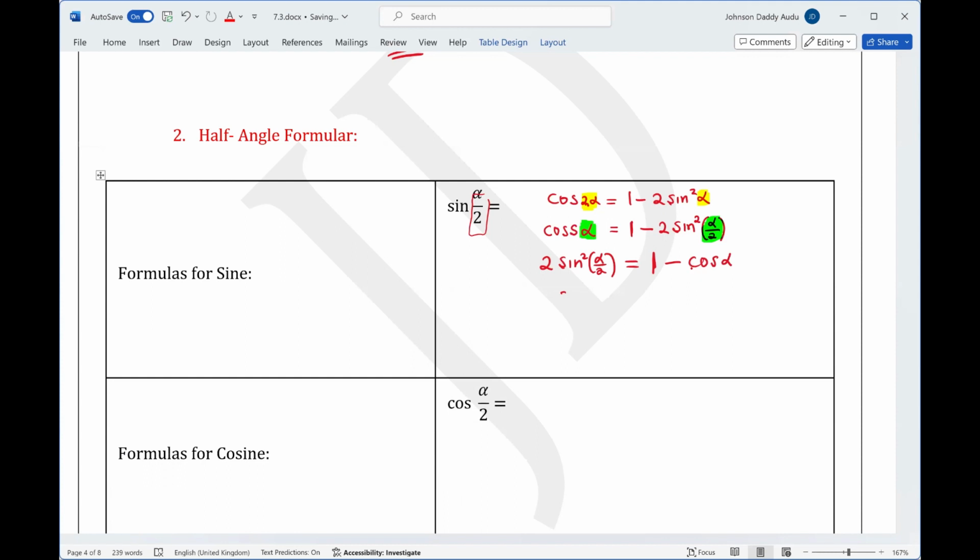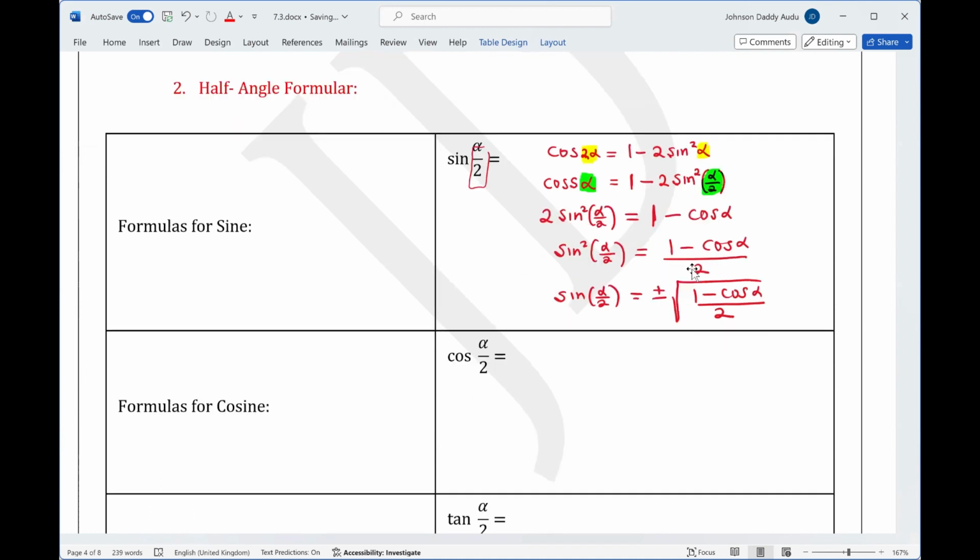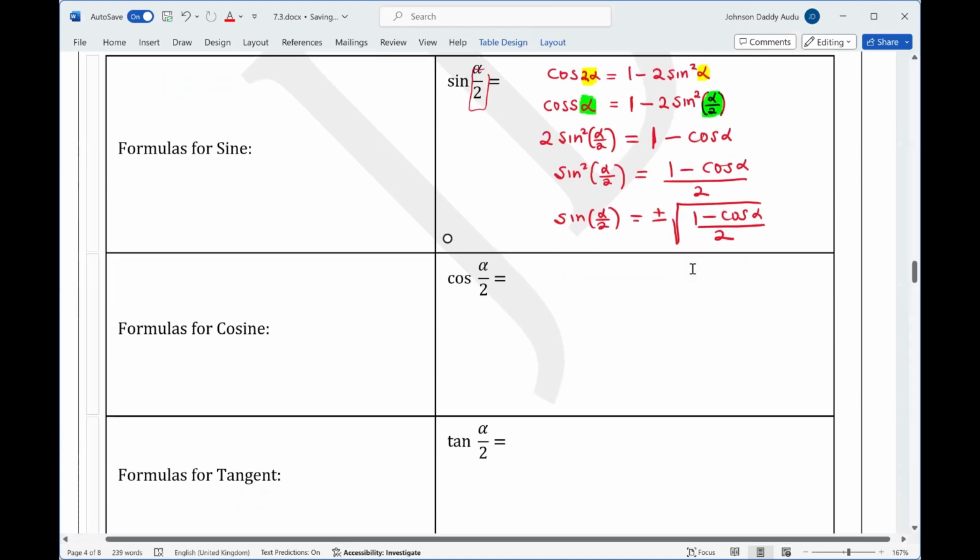Then we can solve for sine squared: sine squared alpha over 2 is simply 1 minus cosine alpha divided by 2. And then we can solve for sine alpha over 2, which is going to be plus minus root of 1 minus cosine alpha over 2. So this is what we call the half angle formula for sine, right?